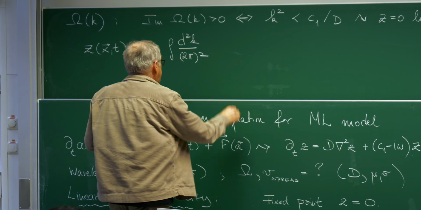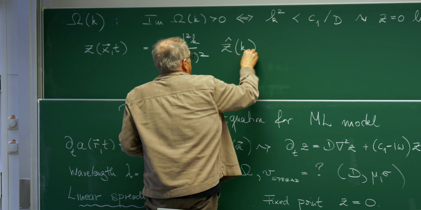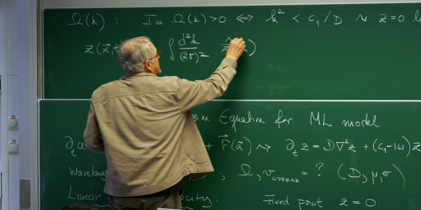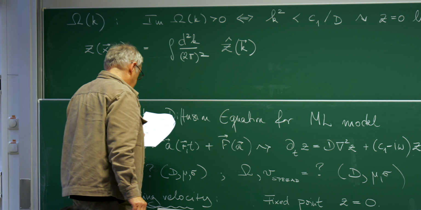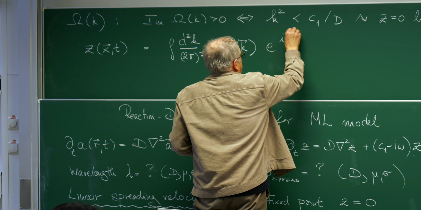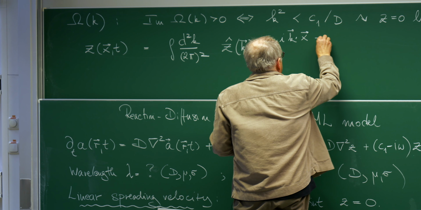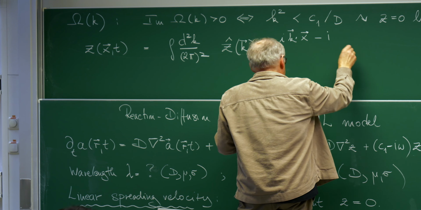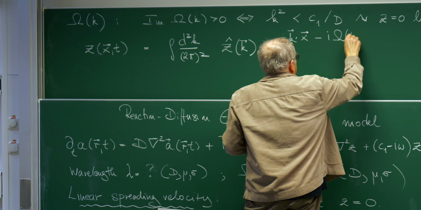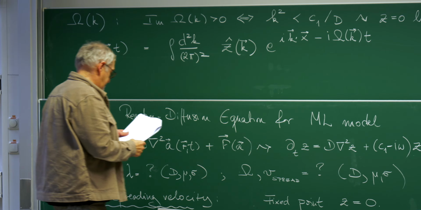So let's Fourier back transform an amplitude that we can choose, z hat of k, and here I do have the Fourier transform with the plane wave and the dispersion relation omega k t.